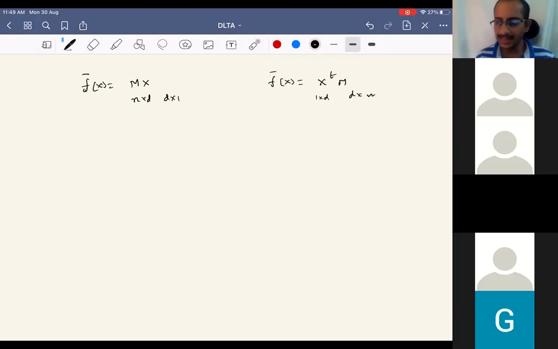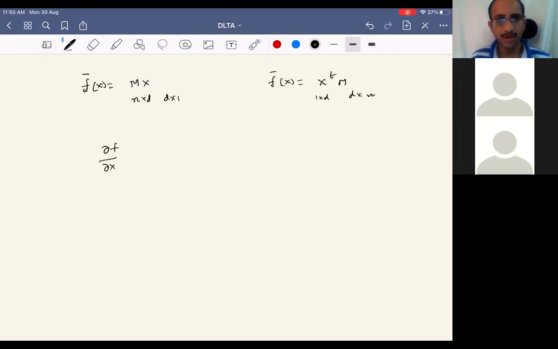In either of these cases, for simplicity of definition and for commonness, we define dou f by dou x, whenever it is a vector valued function, as what? Some of you can help me here. How do we define it first of all?